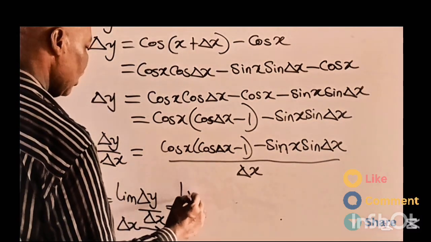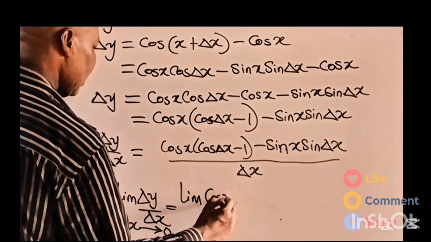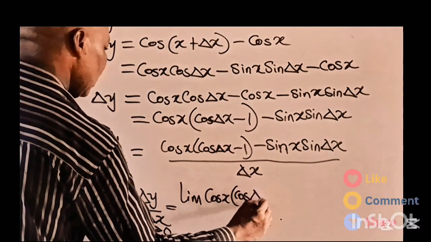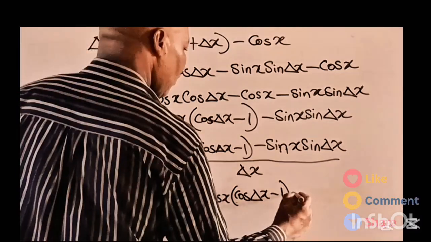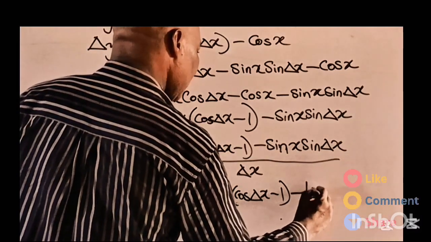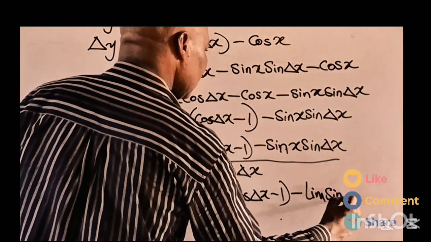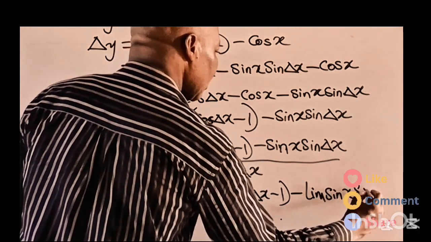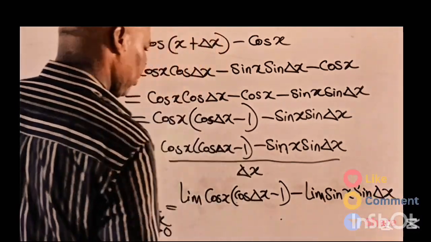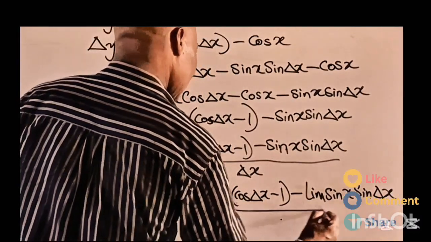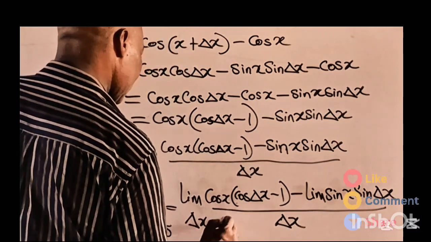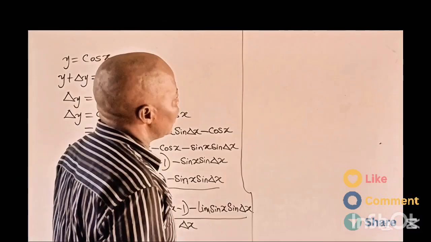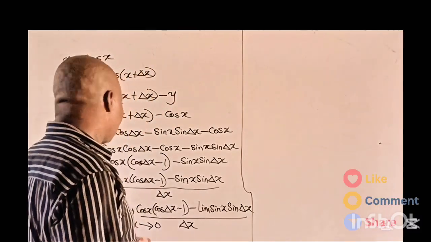That will be the limit of cos x into cos change in x minus 1, minus the limit of sine x sine change in x, divided by change in x, as change in x, delta x, approaches 0. Therefore, there is a need for us to break this one into different sections.